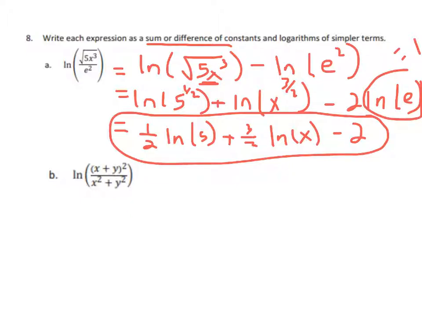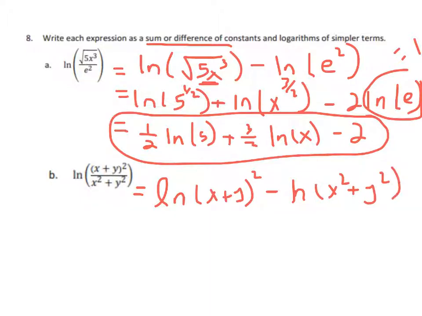The last one, we're not going to get that far either. We're going to basically split it up. We have the natural log of x plus y squared minus the natural log of x squared plus y squared. The only thing I can do to clean this up is put that 2 out in front.